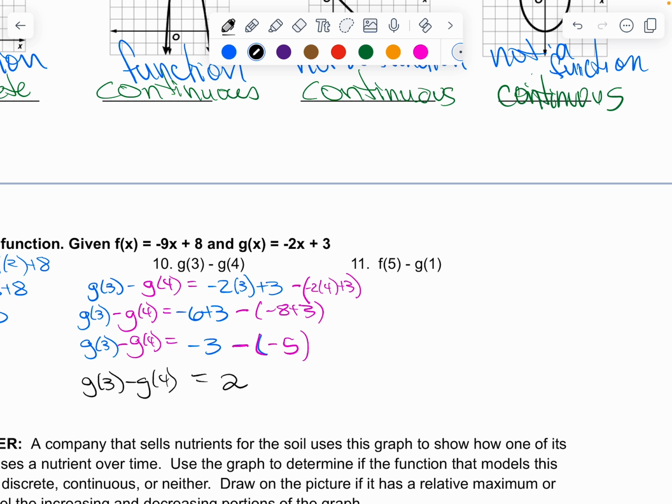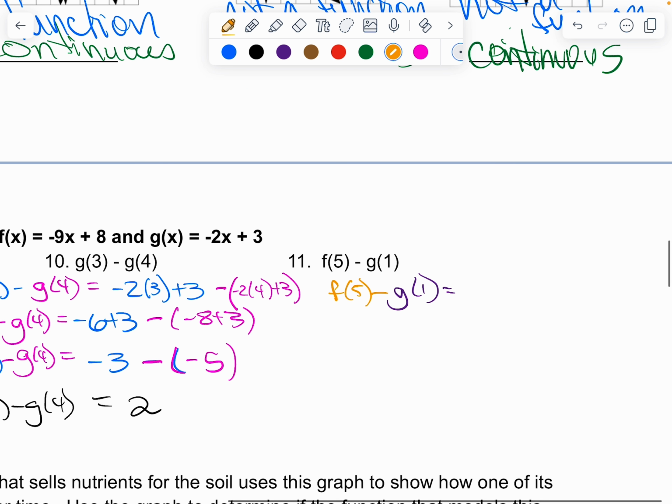And then last but certainly not least, f of 5 minus g of 1. So f of 5, so I'm going to take negative, nope, I didn't change the color back. Oh, Kimberly.